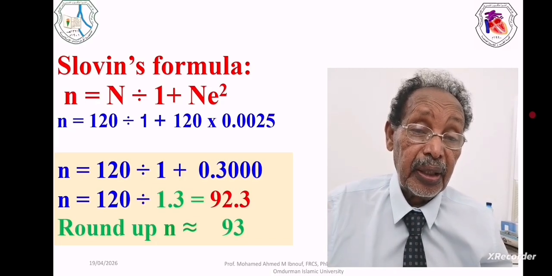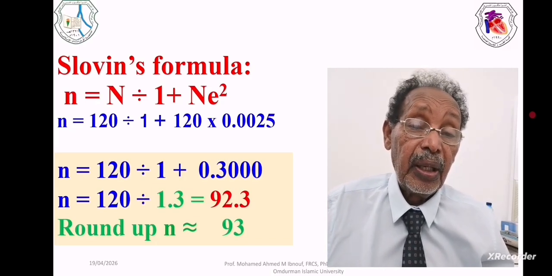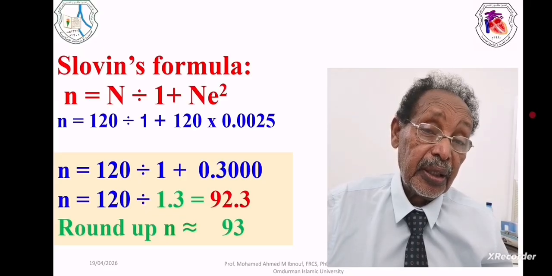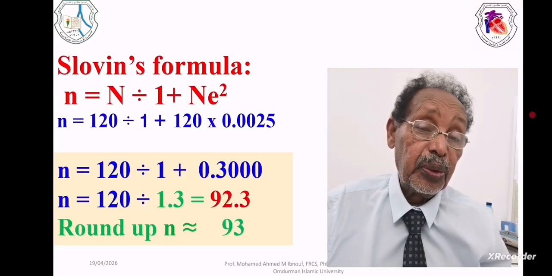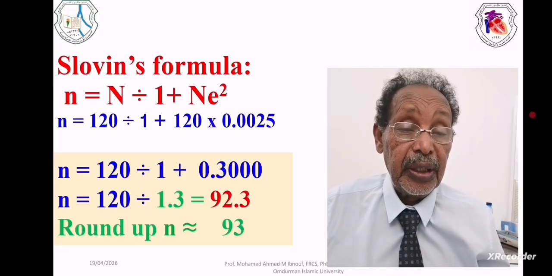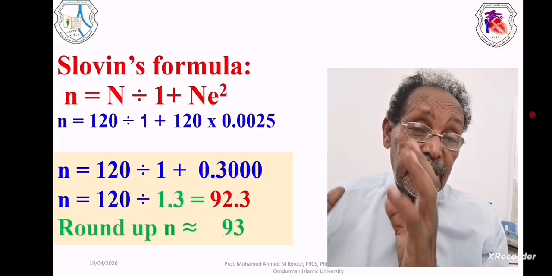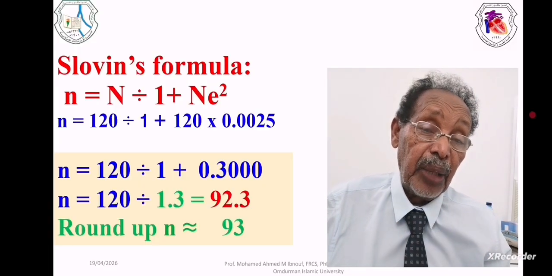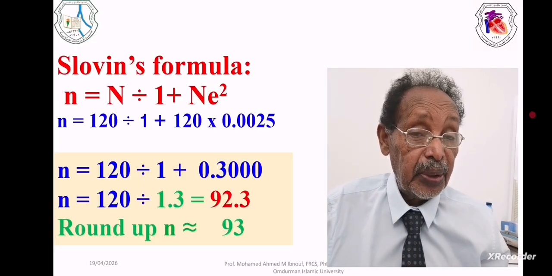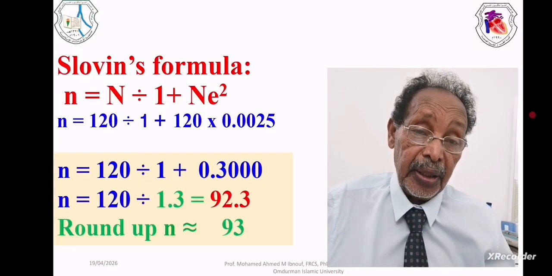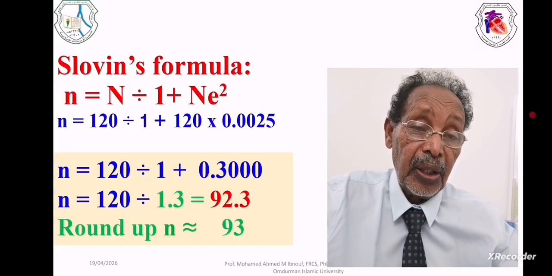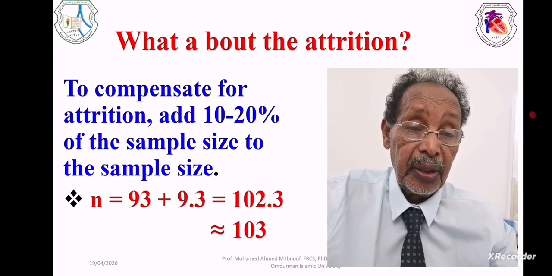And when we add 1, it will be 1.3. And when we divide the population size, which is 120, by 1.3, the result will be 92.3. We round it up to 93.